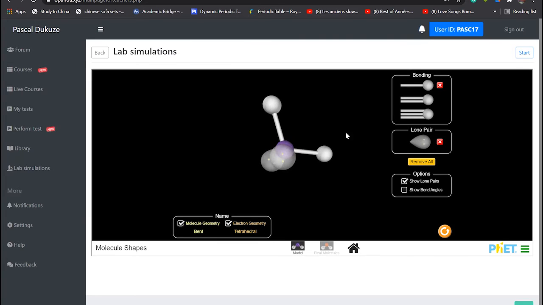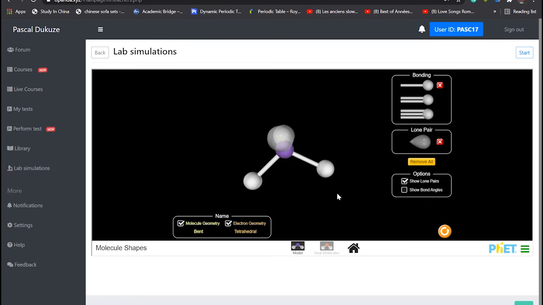The arrangement still is tetrahedral. You can move this to observe it from different angles. But you can see the geometry of the molecule has changed. We have a bent molecule. You can see it's bent.